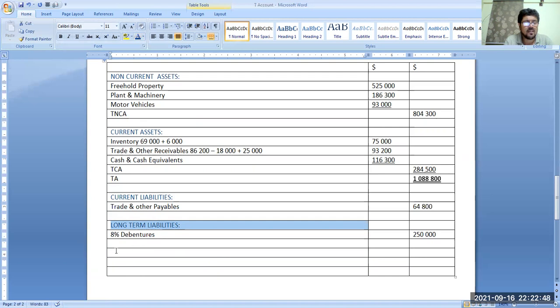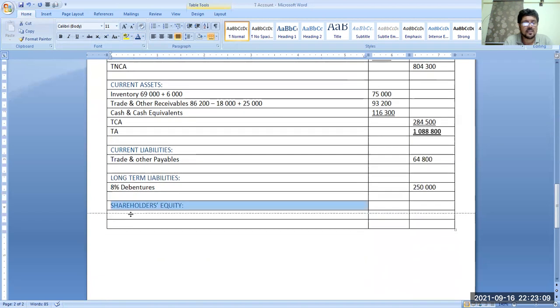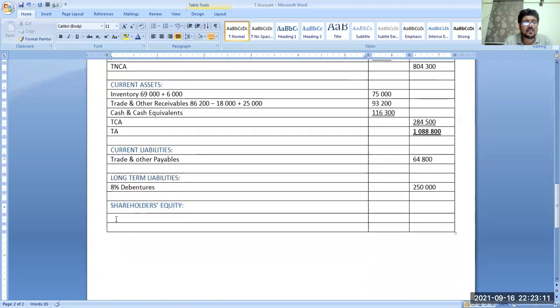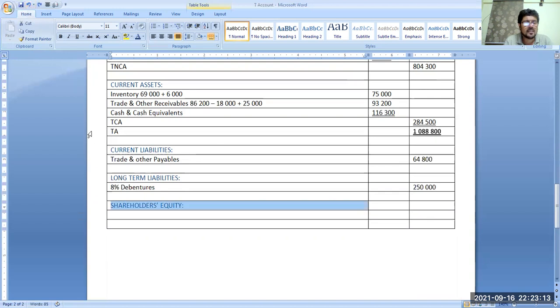Okay. Now, shareholders' equity. Now, in shareholders' equity, what are we going to write? First is capital. Capital is how much?